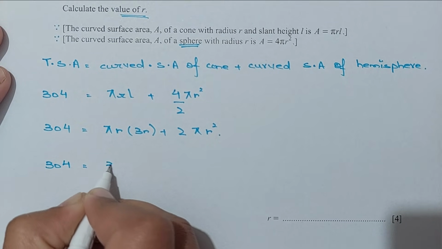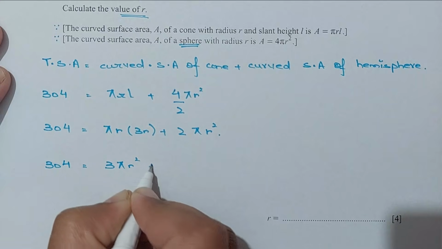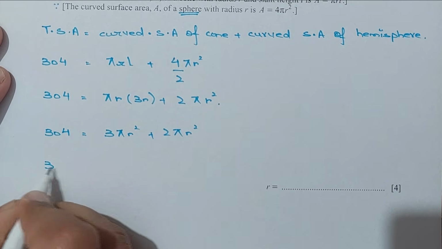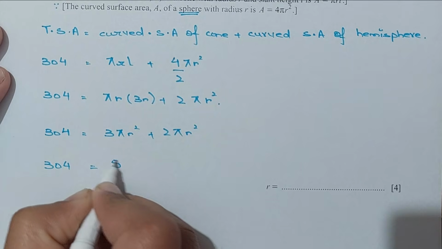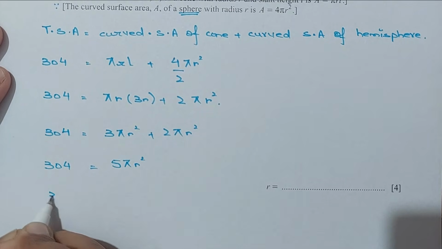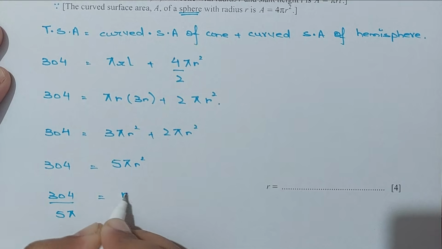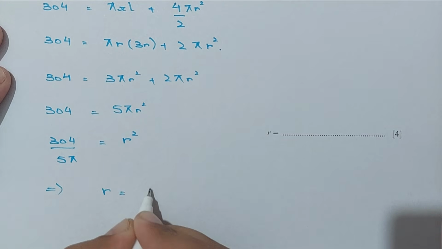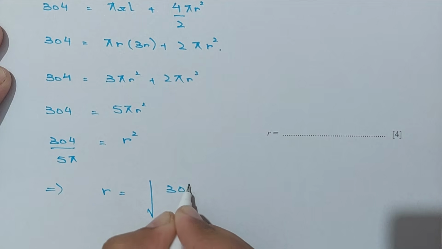So 3 pi r square plus 2 pi r square, which is 5 pi r square. 304 equals 5 pi r square. 304 divided by 5 pi is my radius square. And to get the value of radius, we can do square root of 304 over 5 pi.